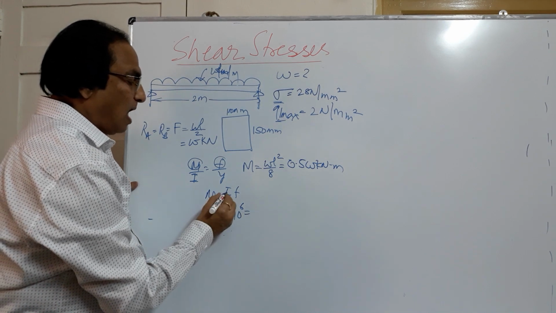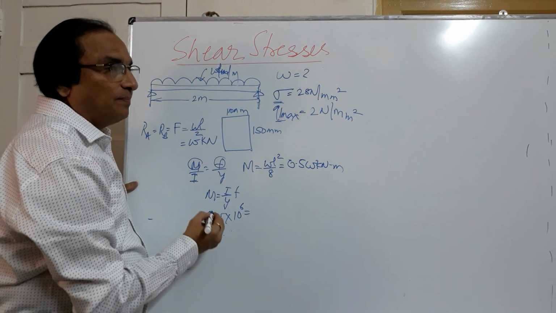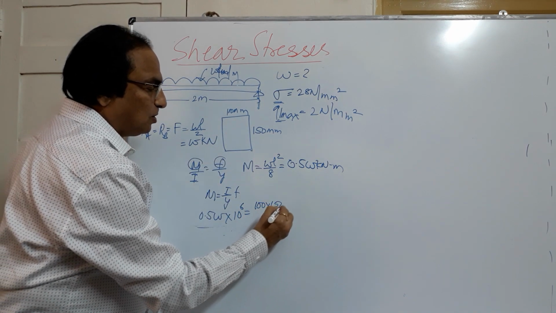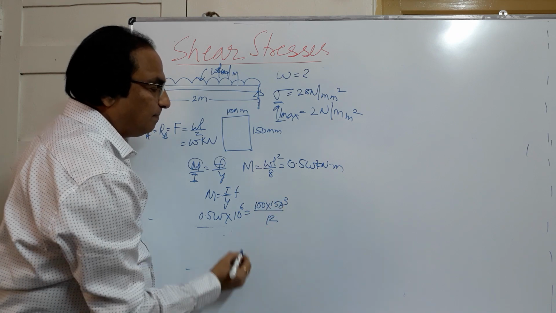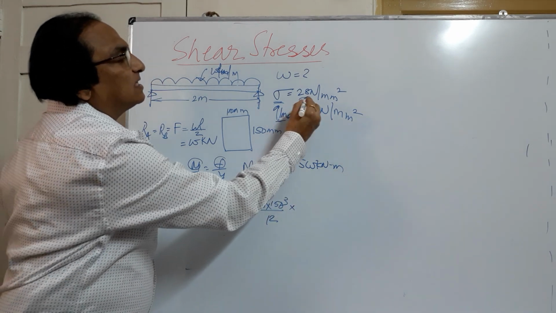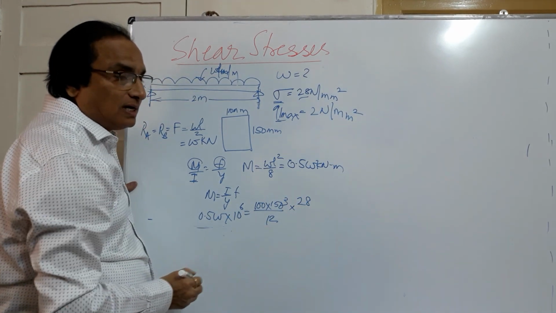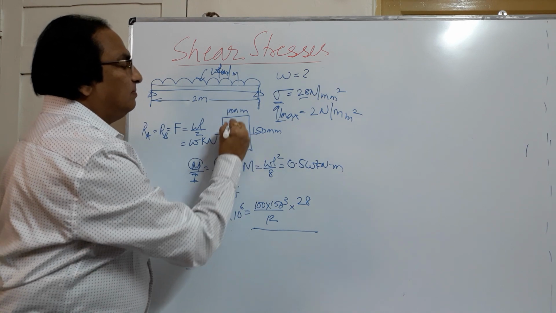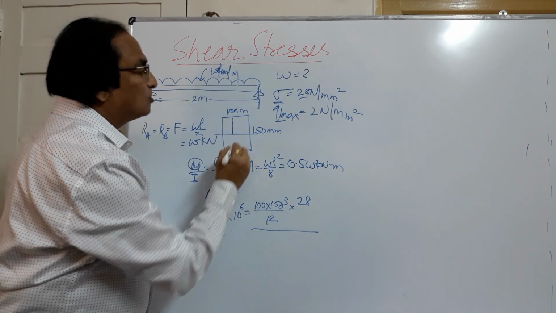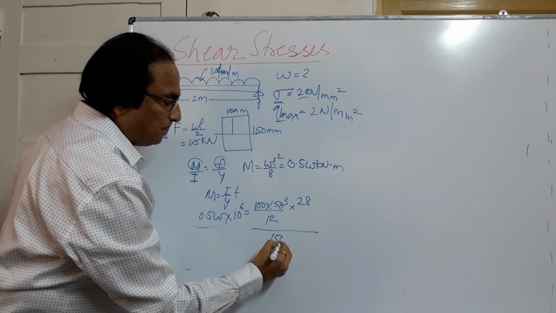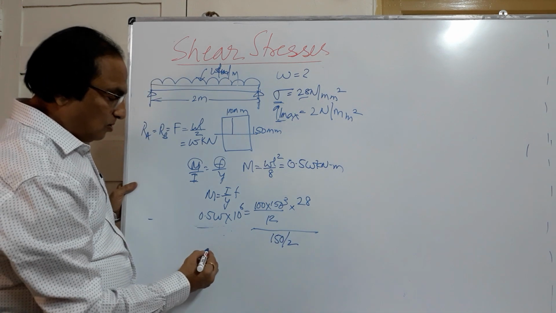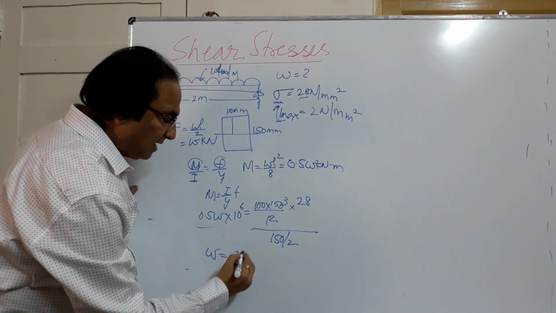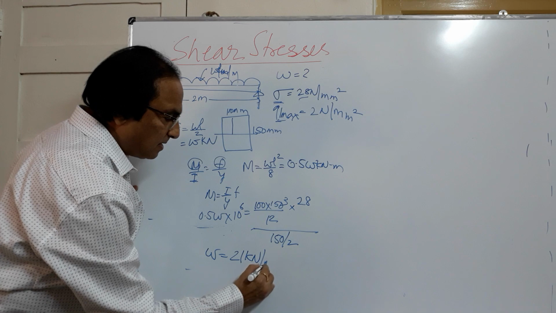This will be equal to I, moment of inertia of rectangle is B d cube by 12, so 100 into 150 cube divided by 12, into permissible bending stress 28 Newton per mm square, divided by Y. Y is the distance of the extreme fiber from the neutral axis. It's a rectangle, so this will be 150 by 2. So only unknown here is W. If you simplify for W, you get the value of W as 21 kilonewton per meter.